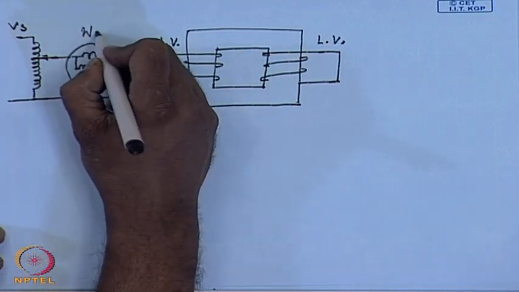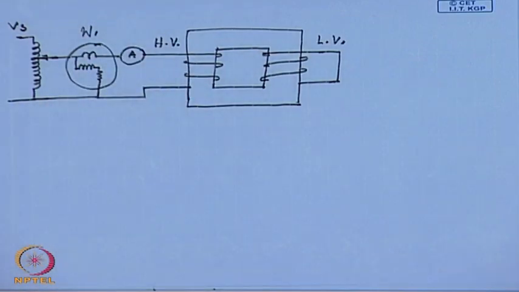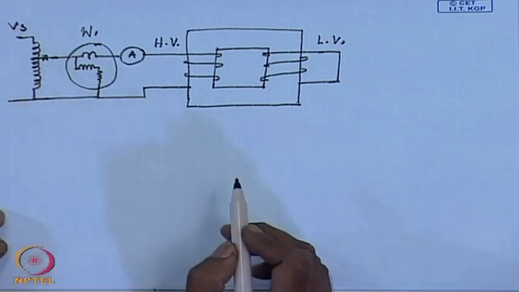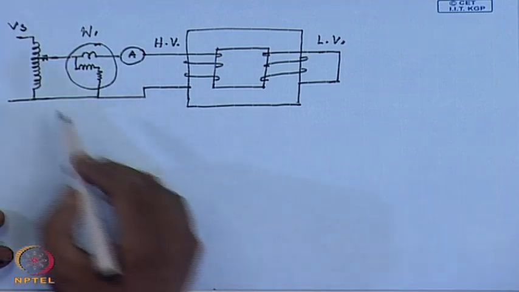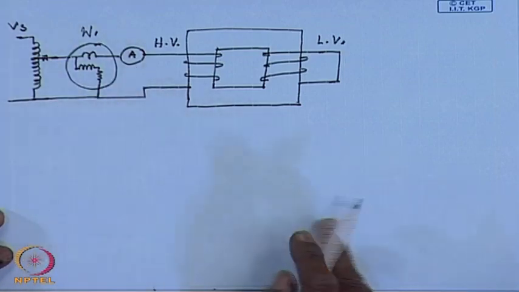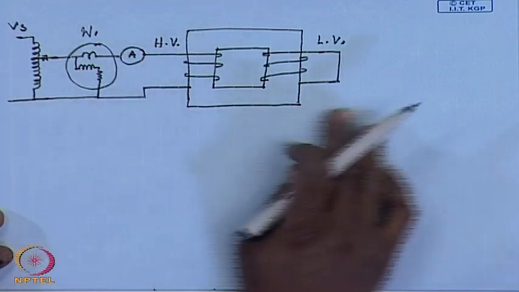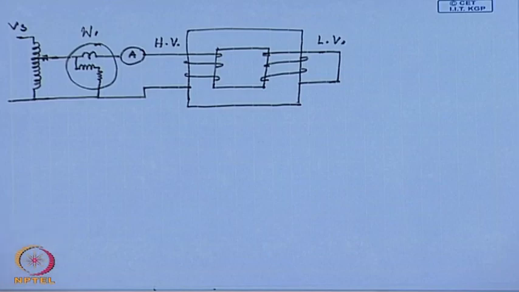Again, coming to the question of wattmeter, the wattmeter current coil now should be capable of carrying the rated HV side current. However, the voltage required to circulate rated HV side current when the LV side is short circuited is very small.